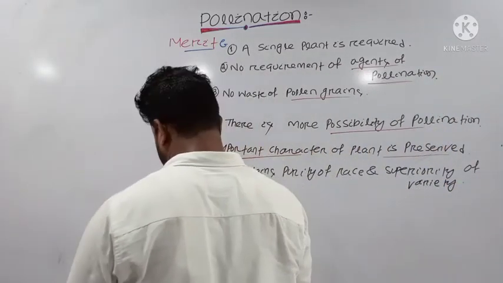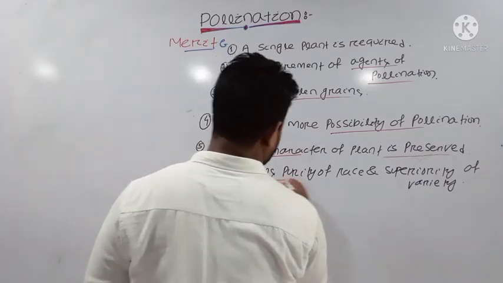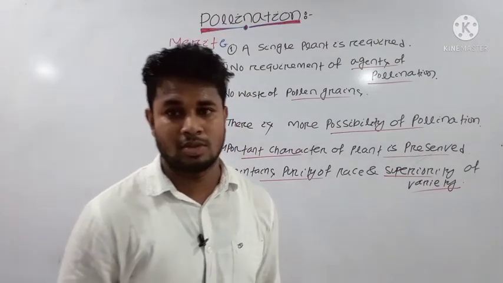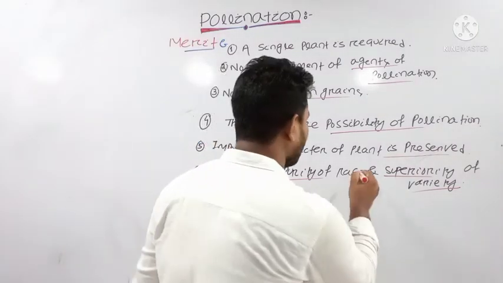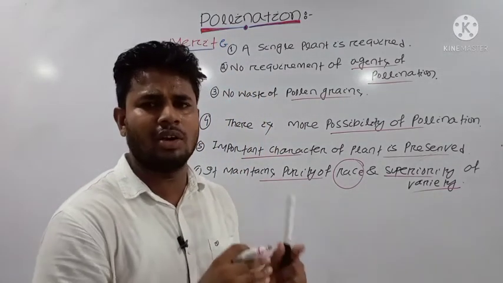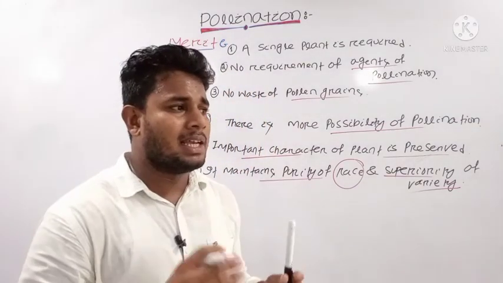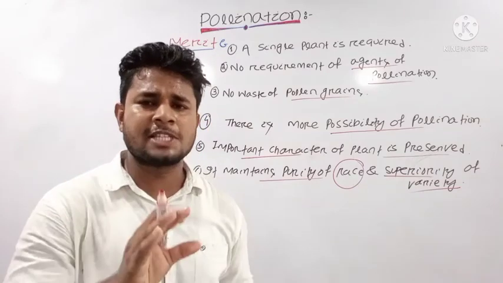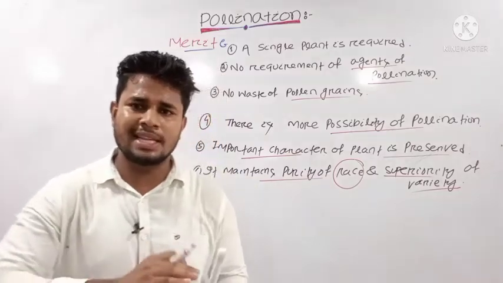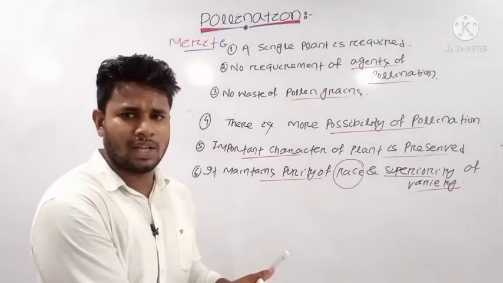If we say a single organism, here we are taking a single plant, then purity of that race. What is a race known as? Okay, so you know what is race? We can call it a biological race. Here we can say when a specific plant is living in a specific area in a particular environment, then this is that race only.